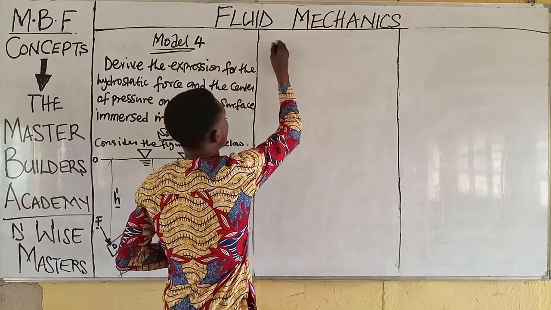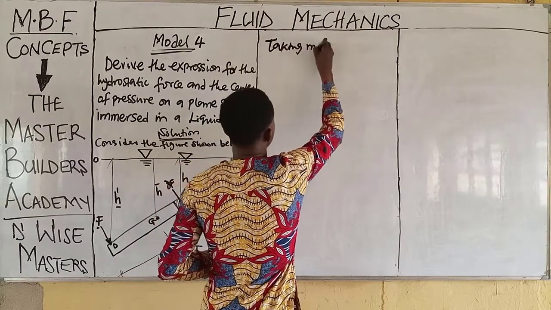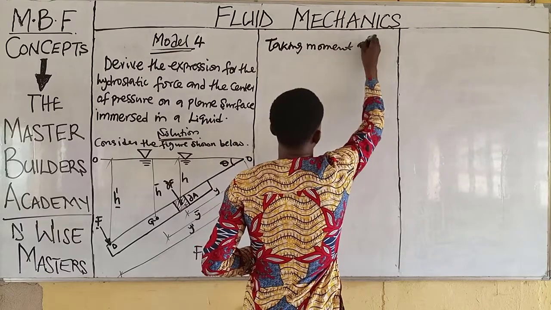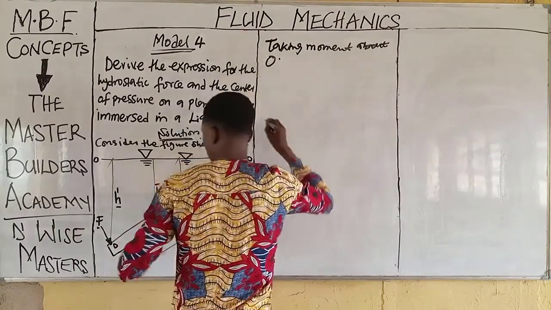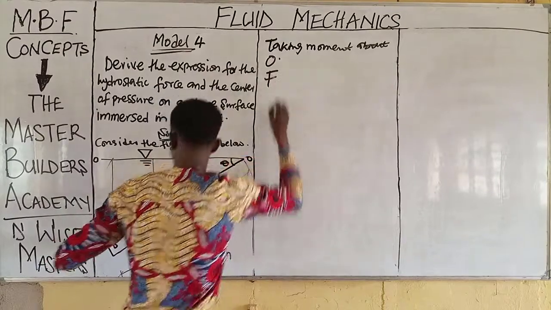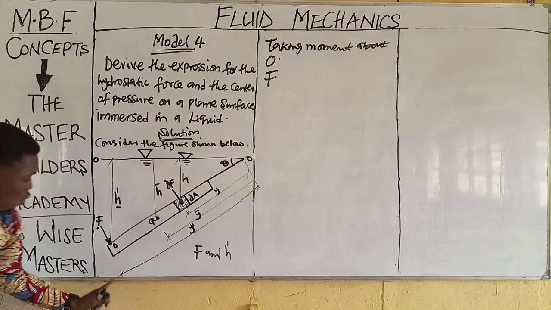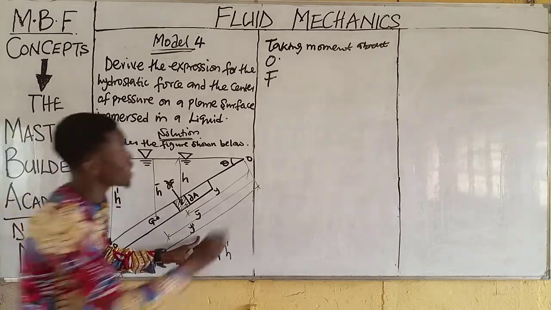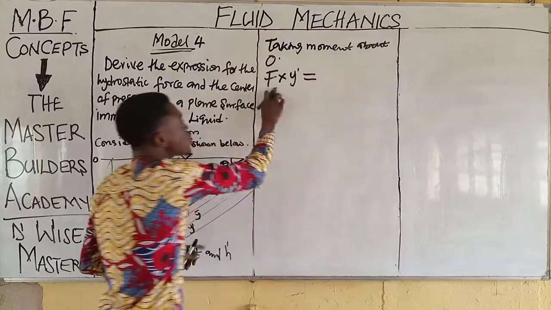Therefore, taking moment about O, we have F. What is the perpendicular distance of this force from O? It is y prime. Then we have F multiplied by y prime.